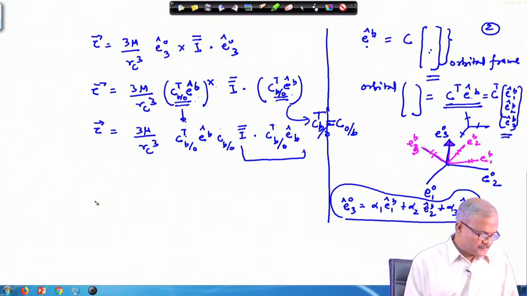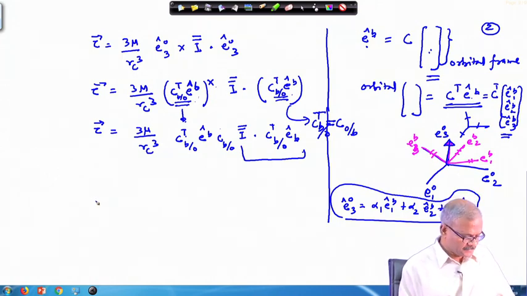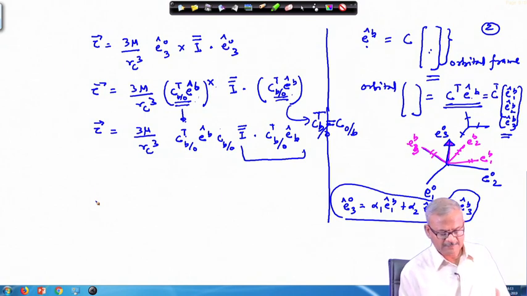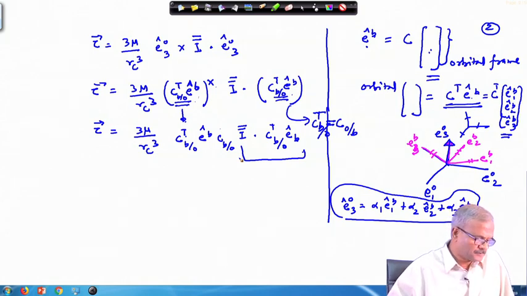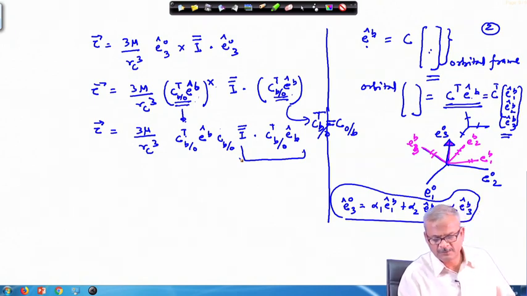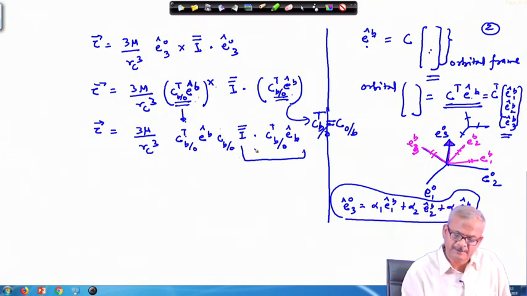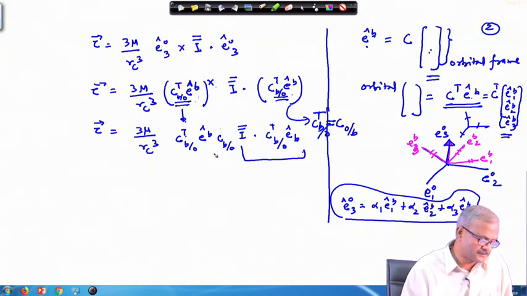Okay, so we need to do some simplification, and then we will get the final result. This we could have done purely in the form of vectrix, and I will do that for you, because that will be beneficial; in terms of vectrix we have not done much earlier. So, I would like to do this part in terms of vectrix.